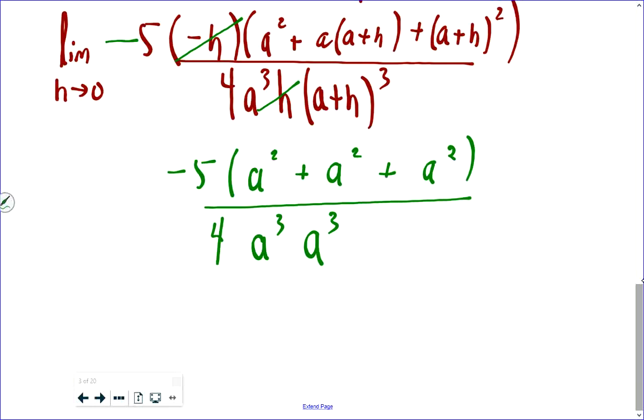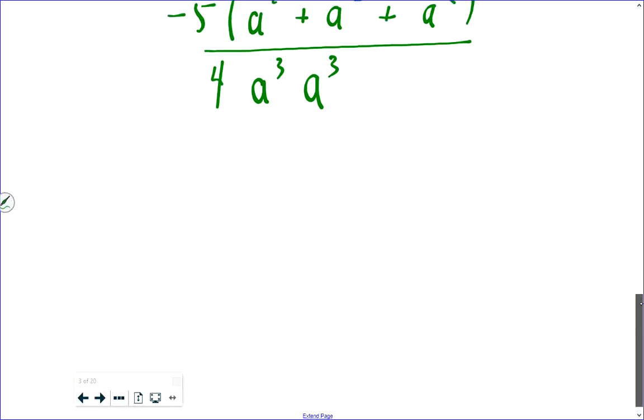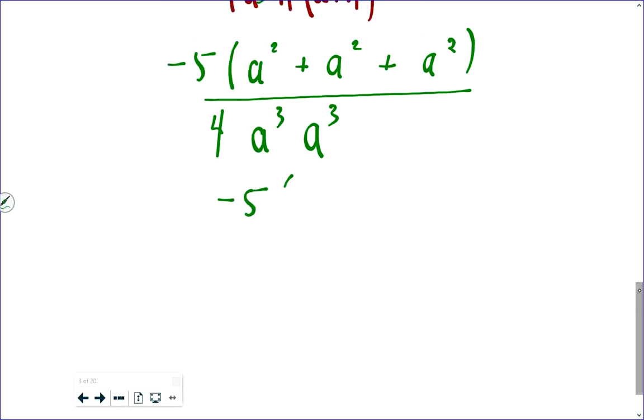So this is a squared. When h is 0 here, this becomes a times a, which is also h squared, or a squared rather. This becomes a squared. Are you good to there? Yeah. So what we have is 3 a squareds on the top. So I have negative 5 times 3a squared over 4 times a to the 6.